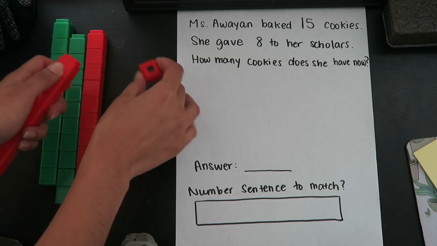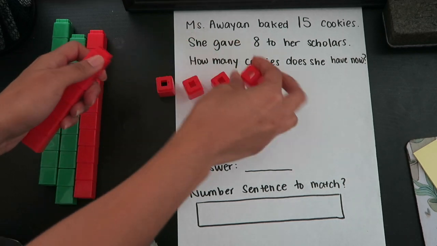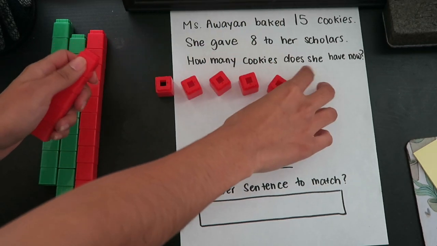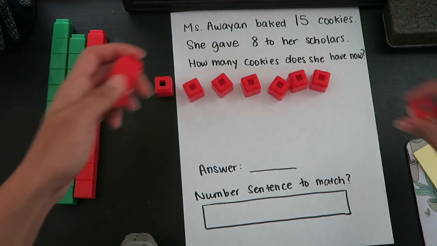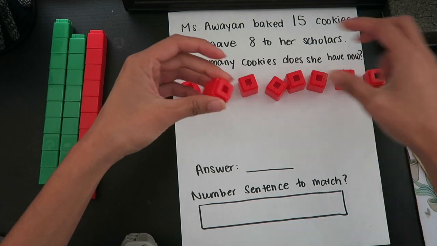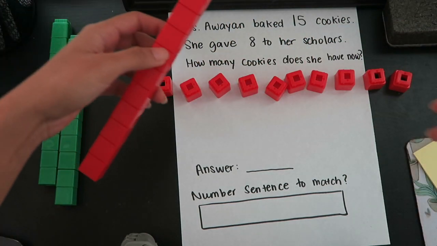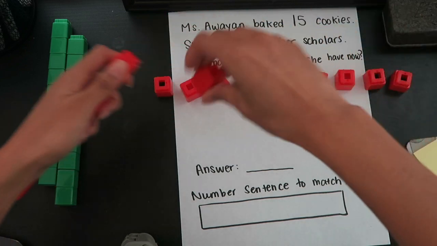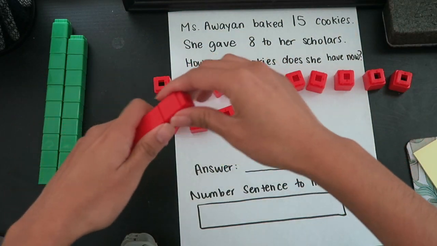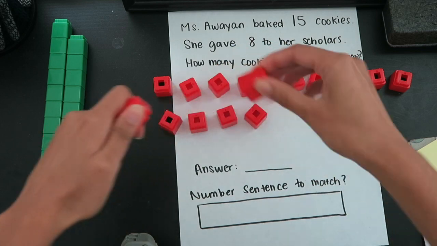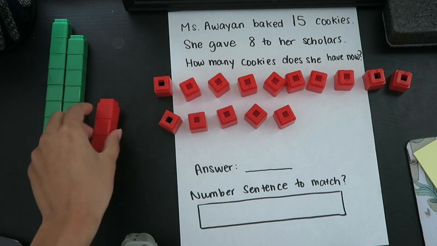Count along with me. 1, 2, 3, 4, 5, 6, 7, 8, 9, 10. Uh-oh, I ran out, so I have to grab more. 10, 11, 12, 13, 14, 15. Now I'm going to put the rest away because I don't need them anymore.